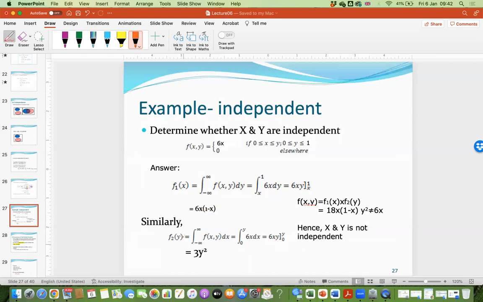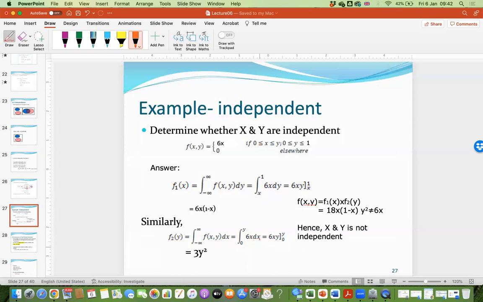Similarly, I try to find f(y), where the condition is x between y and 0. So I do the integration. Remember, when I do this integration, this is not a mean. That's why I don't need to put x or any value here.